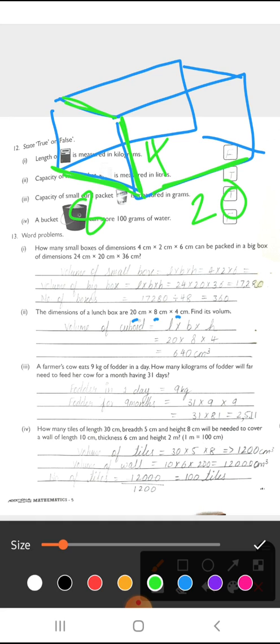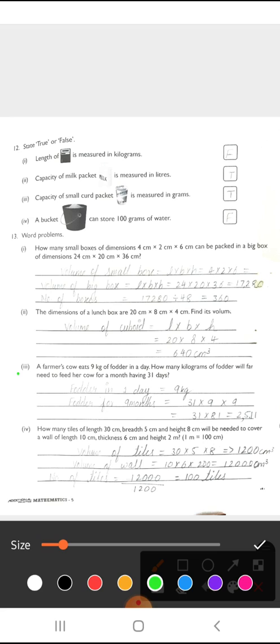So you have to find the volume and we know the formula for the volume. It is length multiplied by breadth multiplied by height. So we'll multiply all the three things. We will get the answer 640. So volume of the lunch box is 640 centimeter cube.